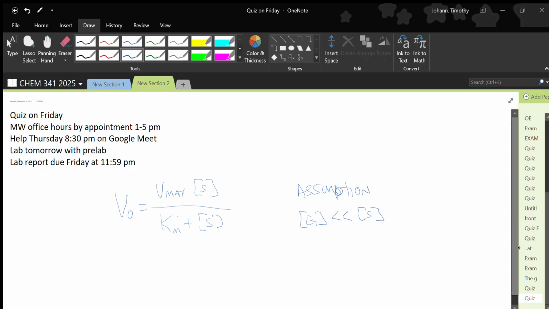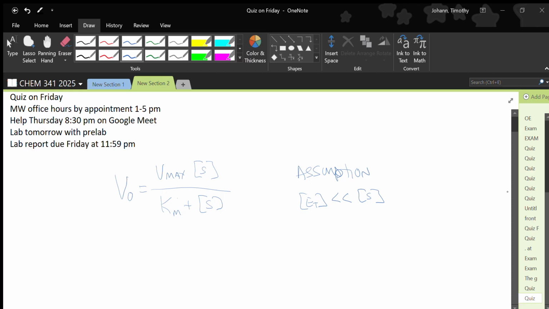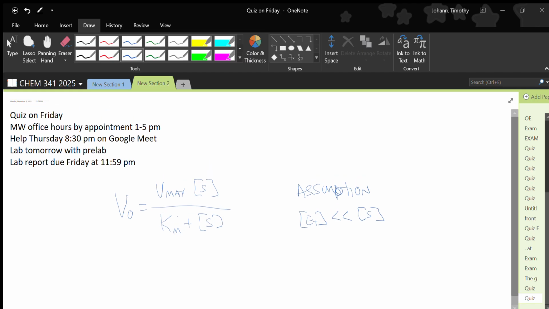All right, then I want to remind you really quick about kinetics. This is Michaelis-Menten kinetics. And I want to remind you that we do these sorts of things. So if I have some reaction where A is going to B, I can have some rate constant related to that, K1.